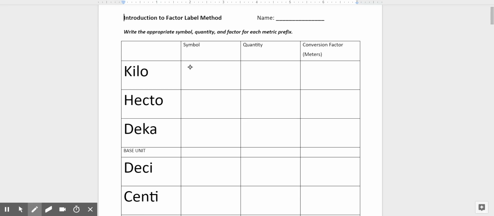The symbol for kilo is K. The quantity that kilo represents is 1,000. The conversion factor from 1 kilometer to meters is 1 kilometer equals 1,000 meters. Hecto, the symbol is lowercase h, and to clarify, that is supposed to be a lowercase h.